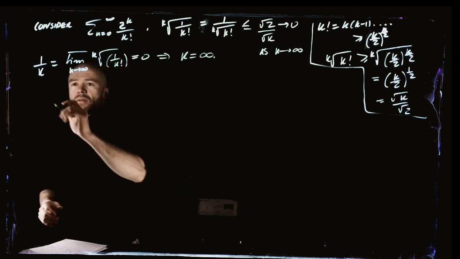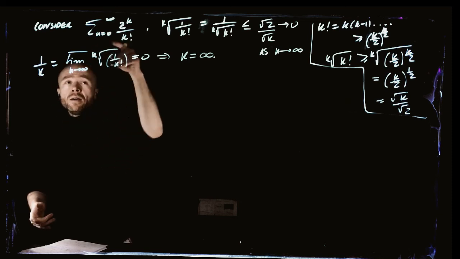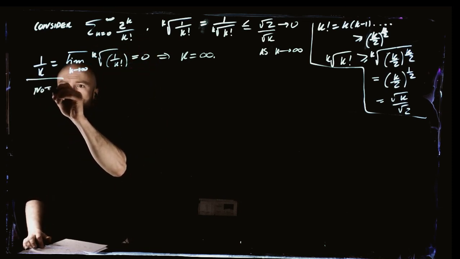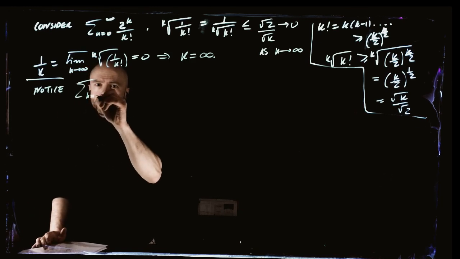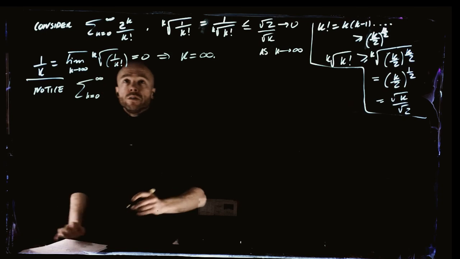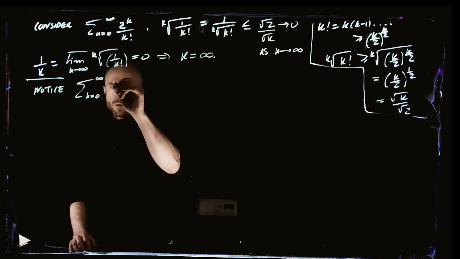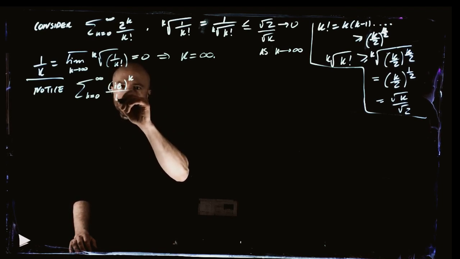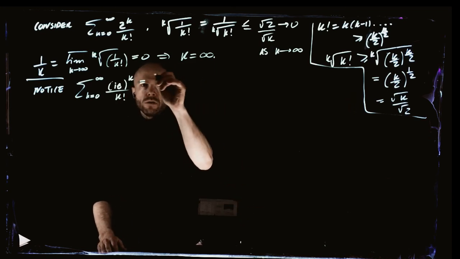So notice that if we put in the sum k equals 0 to infinity of i theta to the k over k factorial, we can break this into the sum over the odd and the even terms.